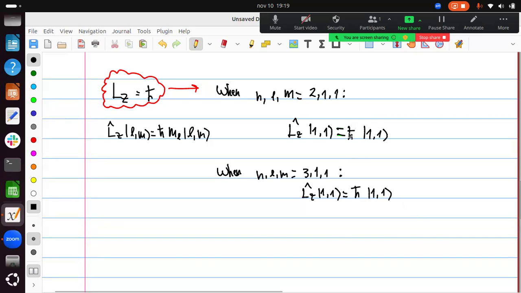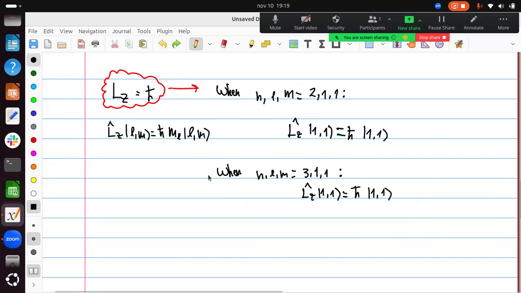This is exactly the case. Why? Because we are considering just the l and m quantum numbers, right? And with those quantum numbers, we just use directly this formula.